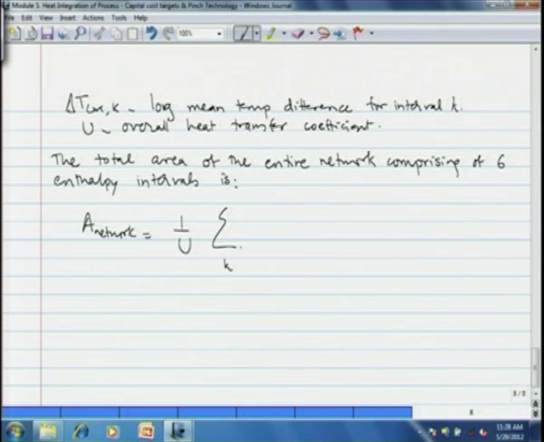K runs from 1 to capital K, where capital K is the total number of enthalpy intervals, of delta H k divided by delta T LM k.